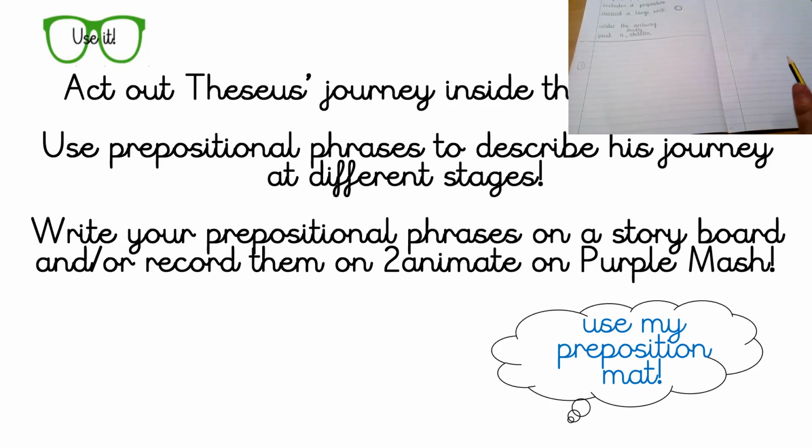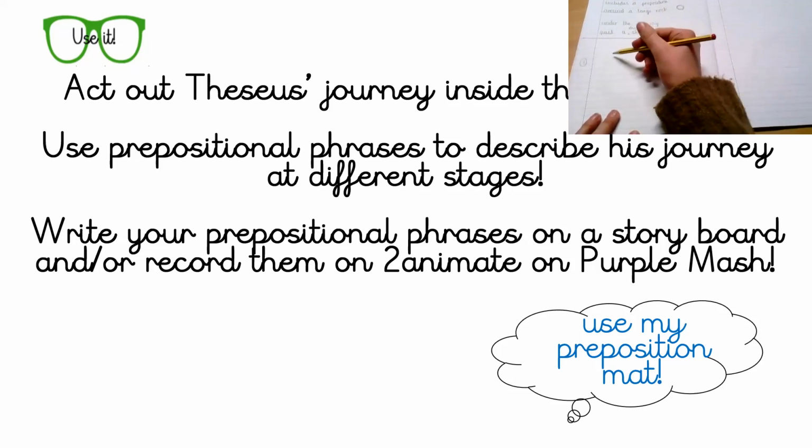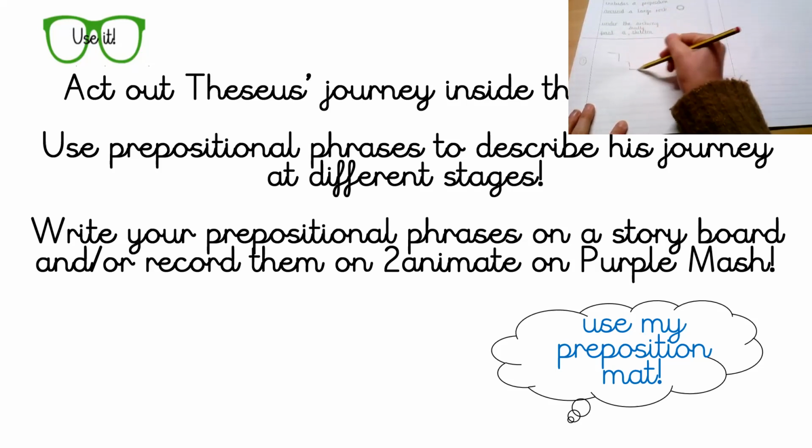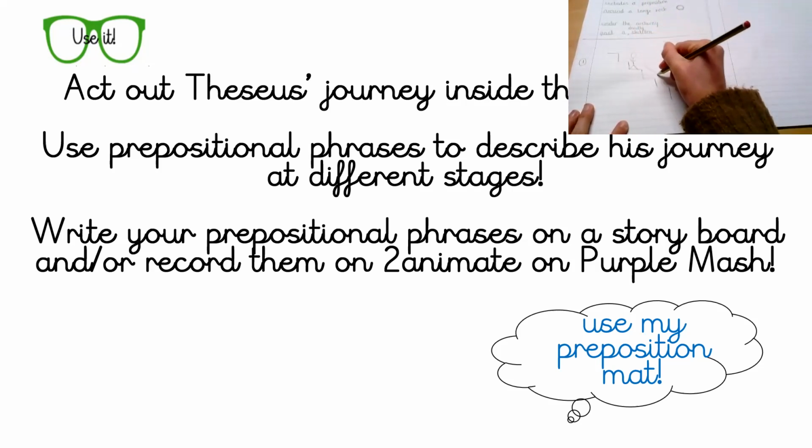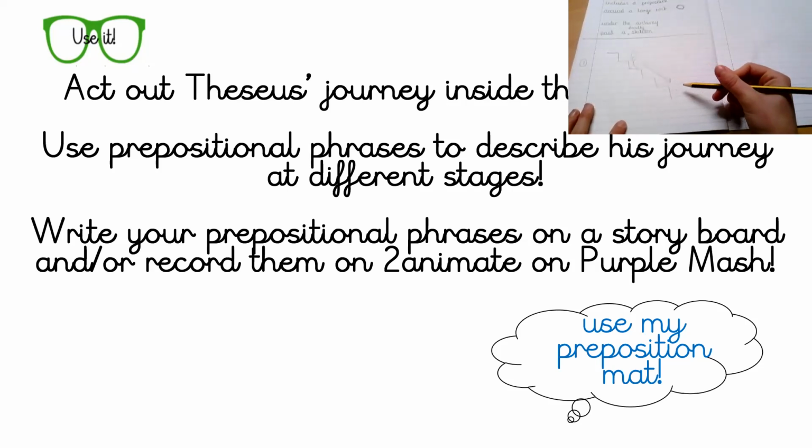You're going to use prepositional phrases to describe them. Now I know the first part, and you know that the first part of Theseus's journey is him coming down the stairs. Okay, so I'm going to draw Theseus here. Then I'm going to draw my arrow to show him moving down the stairs.